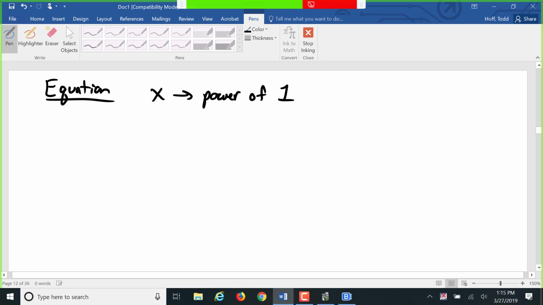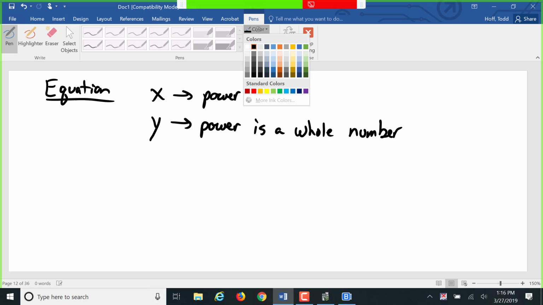X has a power of 1. Y has a power is a whole number. So what does that mean?